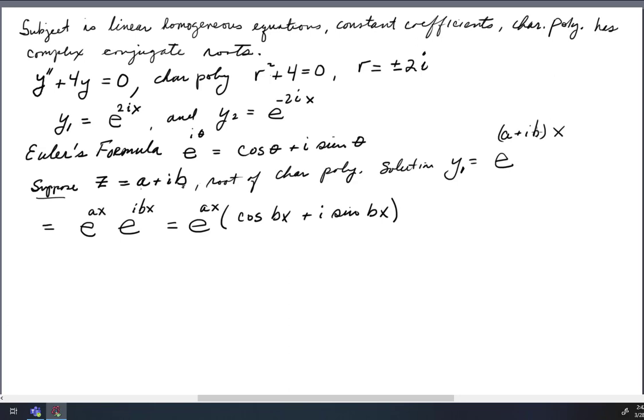Now, if a plus ib is a root of the characteristic polynomial, then a minus ib is also a root.